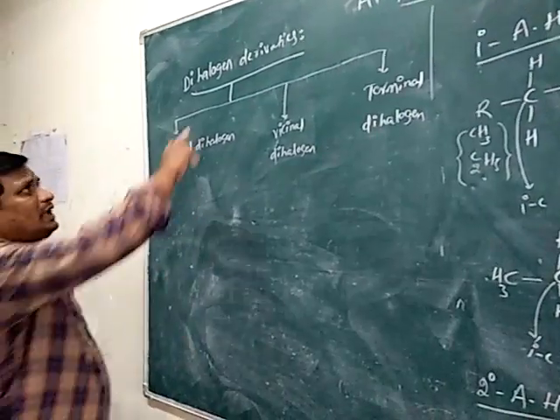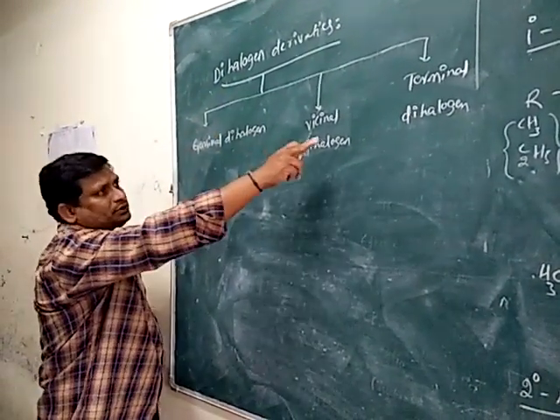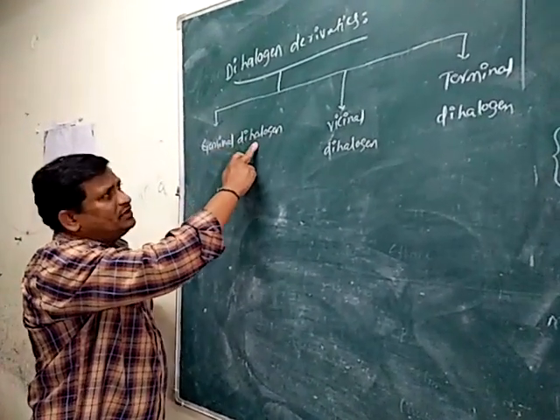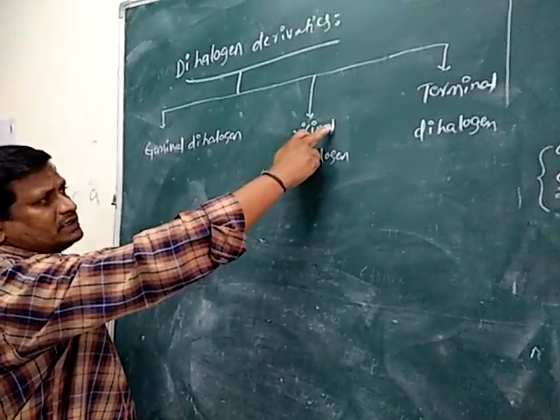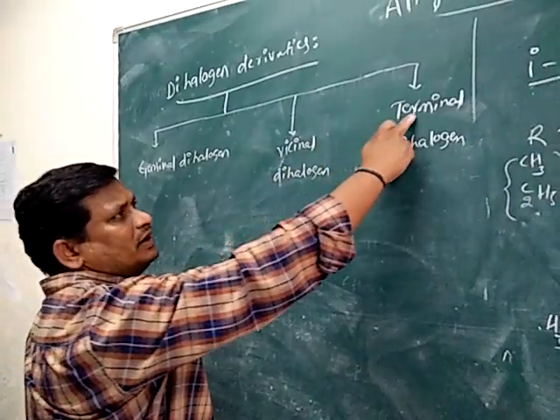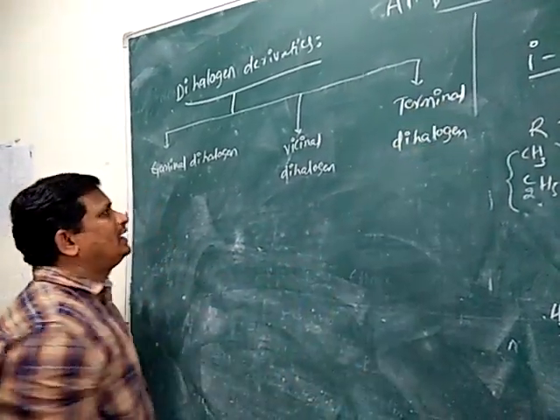So now dihalogen derivatives are classified into three types: geminal dihalides, vicinal dihalides, and terminal dihalides.